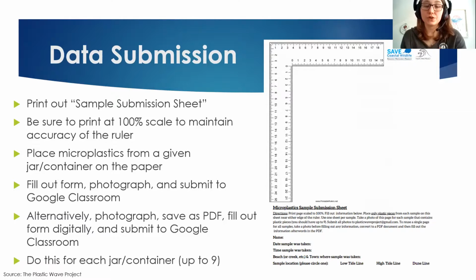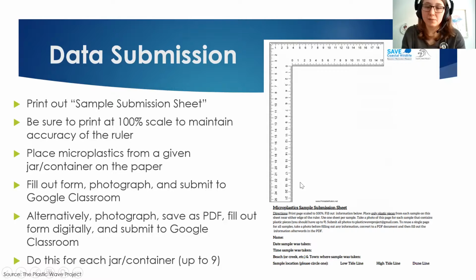Alternatively, what you could do is you could not fill out this bottom part, and you can just put your microplastics up here and take a picture, and you can put that picture onto your computer and save it as a PDF, and then you could digitally fill this in. So again, if this is a little too techy or complicated, you don't have to do that.